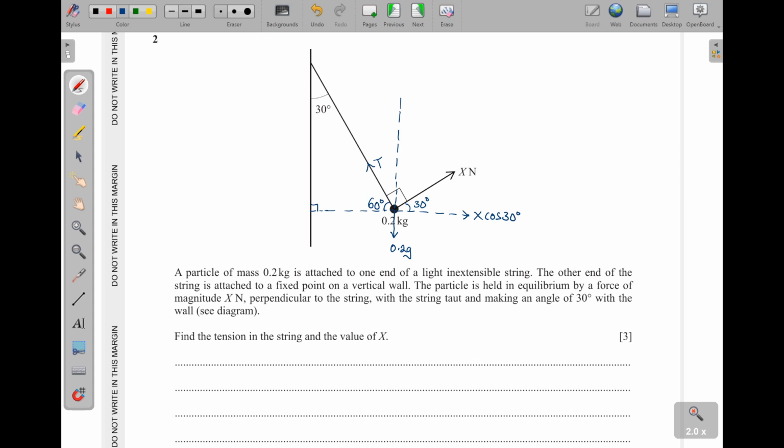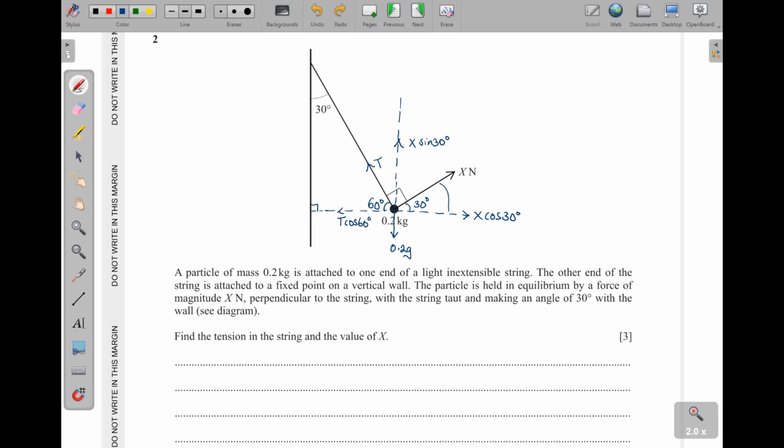Since when we close in it is cosine, then opening has to be a sine. So here we shall have x sine 30. Then we also come to this T. I can just consider this one coming down here. Then it can be T cosine of 60 degrees.